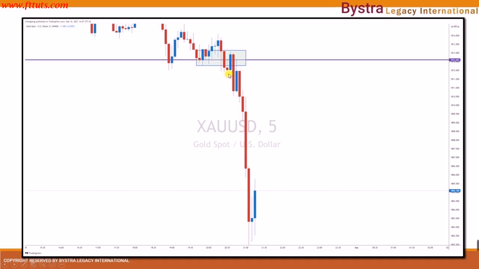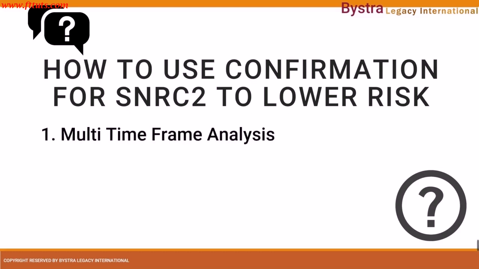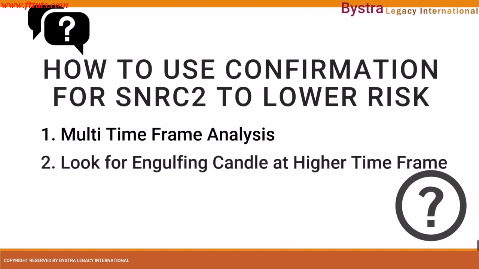Okay, very good. So the next thing we're going to have a look at is the confirmation. How do we use the confirmation for SNRC2 to lower our risk of trading? First, it's always multi-time frame analysis. This is the keyword, multi-time frame analysis. Second, we must look at the setup at the higher time frame and make sure that it is an engulfing candle.